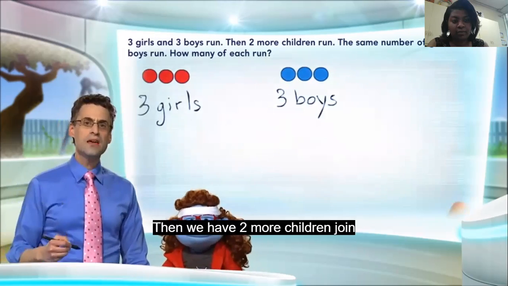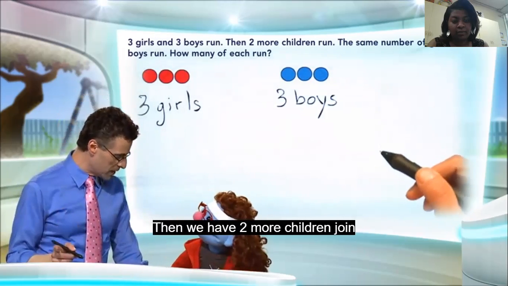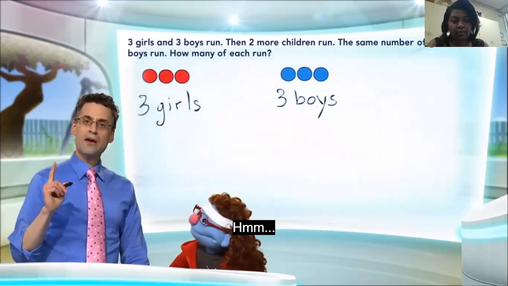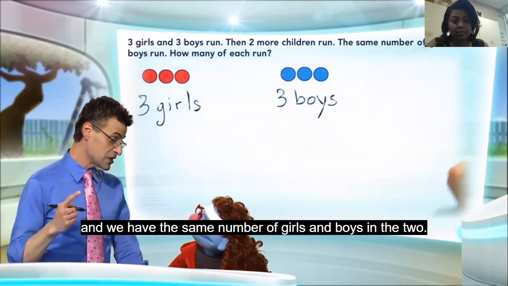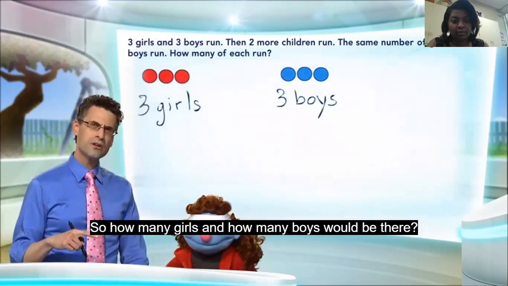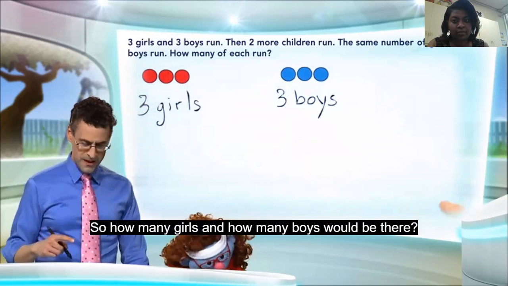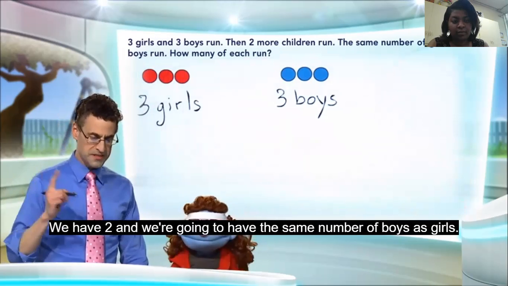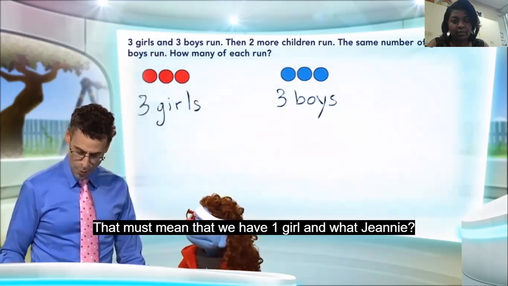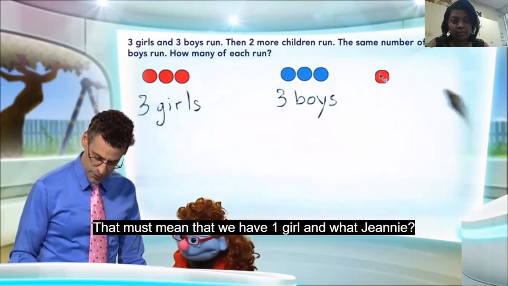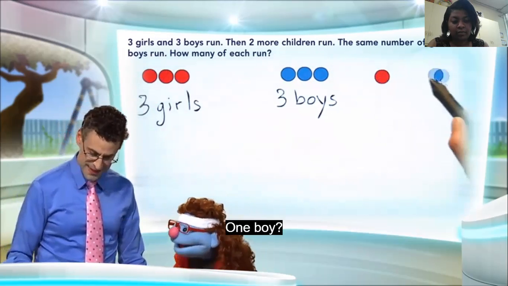Terrific. Then we have 2 more children join, and we have the same number of girls and boys in the 2. So how many girls and how many boys would be there? We have 2, and we're going to have the same number of boys as girls. That must mean that we have 1 girl and what, Jeannie? 1 boy?